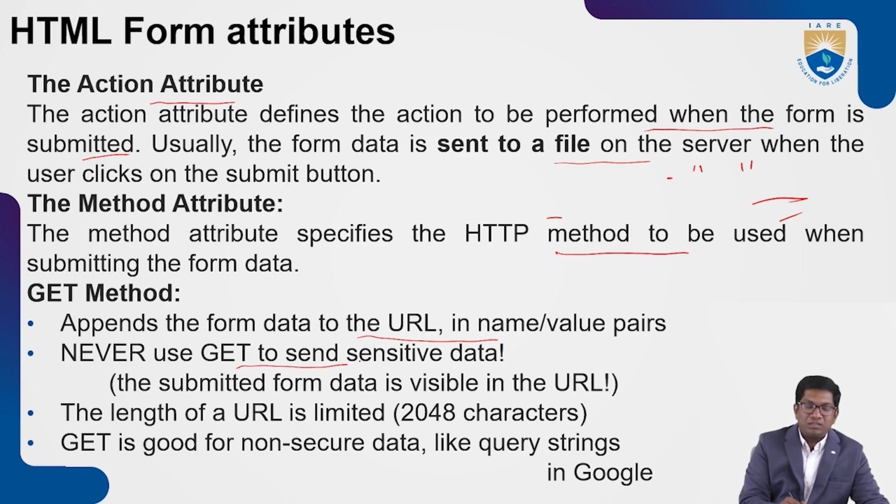Never use get to send sensitive data. Important data like username and password, don't use the get method for that type of data. The submitted form data is visible in the URL. The length of a URL is limited, to a maximum of 2048 characters. Get is good for non-secure data, like query strings in Google.